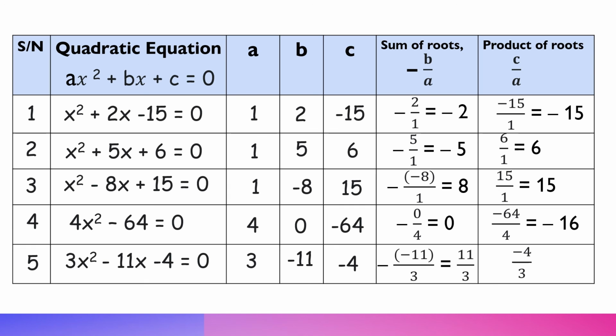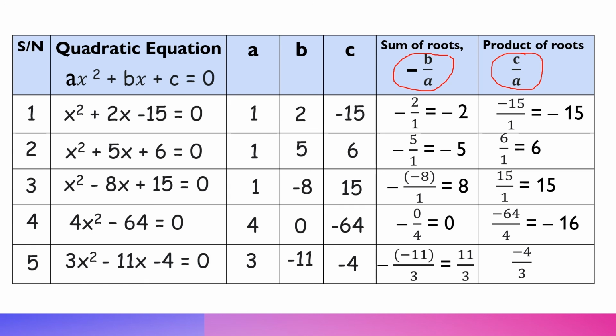So we can see clearly that for the 5 quadratic equations, all we did in order to calculate the sum of roots and also the product of roots was simply to apply these formulae. That is, for the sum of roots, minus B over A, and then for the product of roots, C over A. And we were able to get the answers.